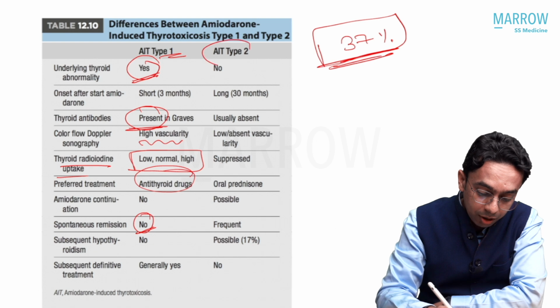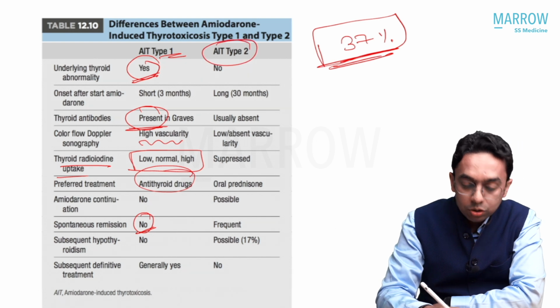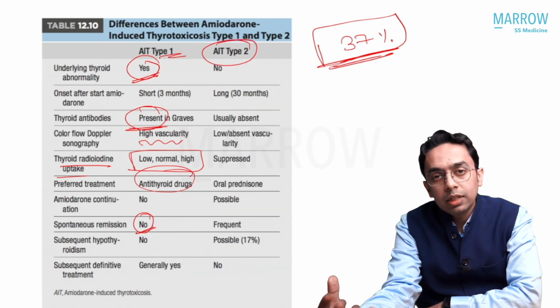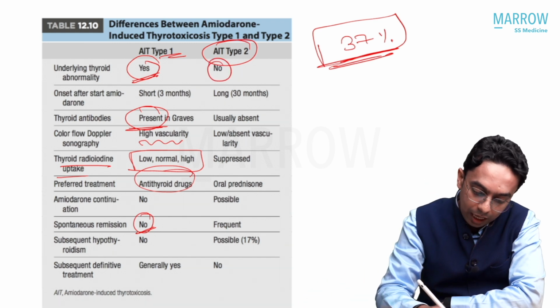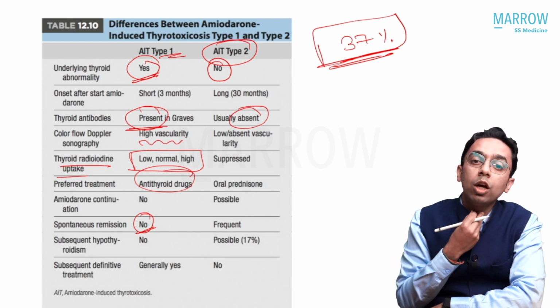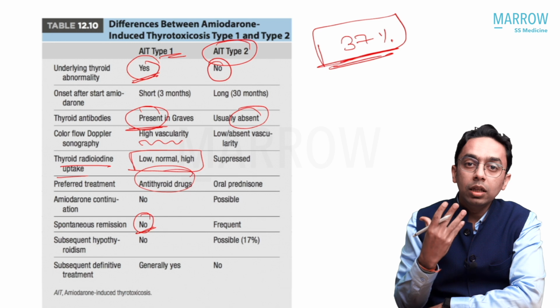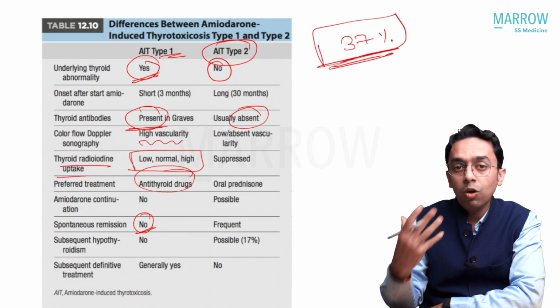That is important. Now coming to AIT type 2. So this amiodarone induced thyrotoxicosis type 2, as I have told, previously it was normal, antibody is not there, right? And now what happened, it is more of a thyroiditis type. The hormone released is preformed hormone.